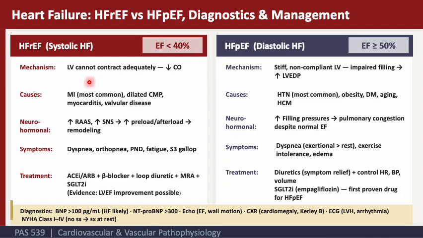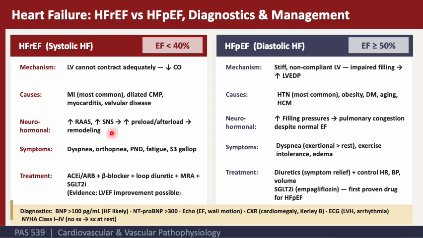Mechanism, the left ventricle cannot contract adequately, therefore you'll have a decreased cardiac output. This is seen in conditions such as MIs, dilated cardiomyopathy, myocarditis, and valvular disease. It can also be affected by some neurohormonal issues, such as it can increase the renin angiotensin hormones.